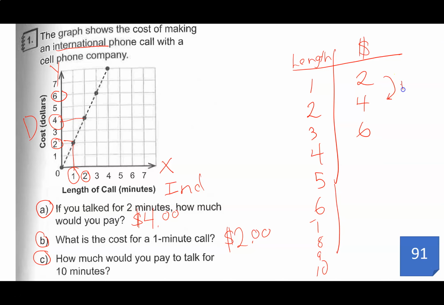We can see that each time it is increasing by 2. So each minute costs $2. 2, 4, 6, 8, 10, and so on. Complete the chart to find the answer for part C.